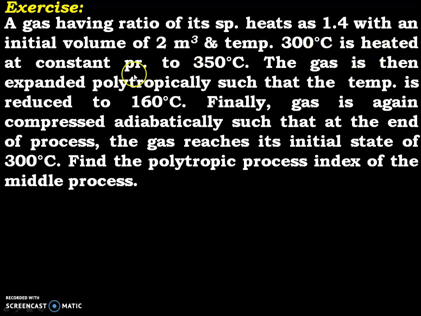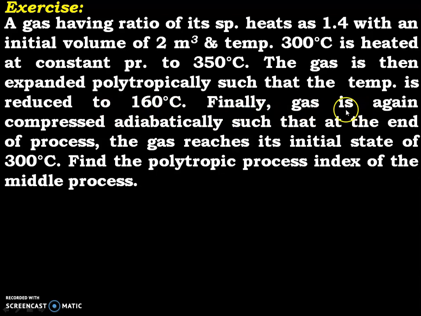It is heated at constant pressure to 350 degrees Celsius. The gas is then expanded polytropically. So now initially it was constant pressure, now it is a polytropic process such that temperature reduced to 160 degrees Celsius.